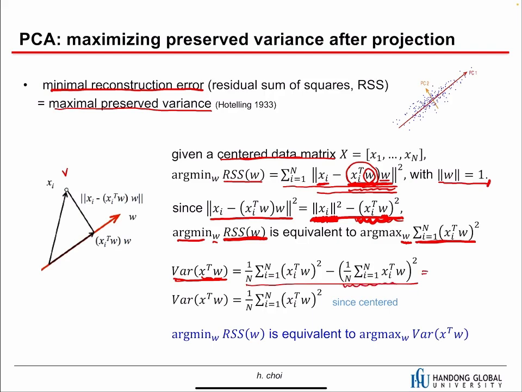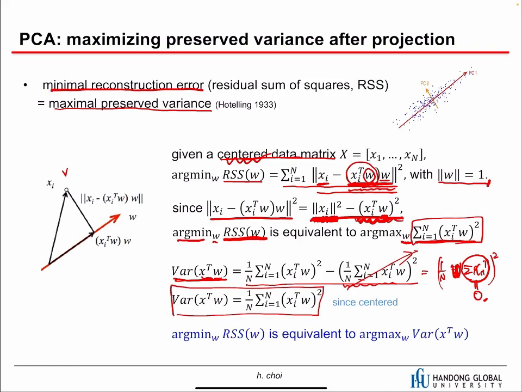This one is actually 1 over n times w transpose x_i, squared, because w is kind of constant, so we can put this w out of this summation. And look at this one. We assume that the data is already centered, so this one is 0, so it just cancels. And now the variance is this one, and this one is exactly the same as this term. So now we just proved this one.